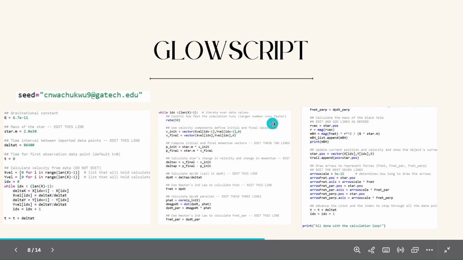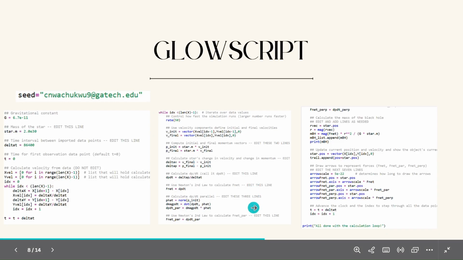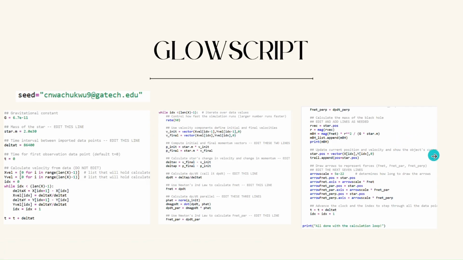And then I added the final and initial momentum, the change in P, and change in V. Most of these lines were already given. I just calculated the parallel and the perpendicular, basically.